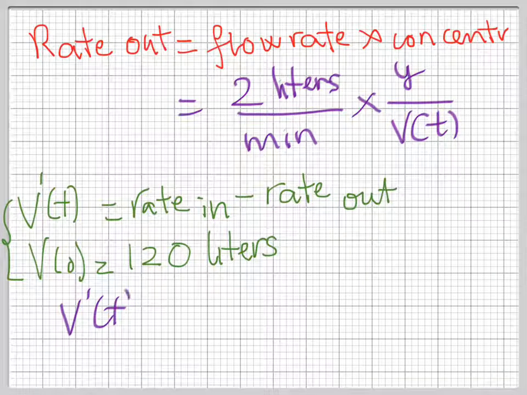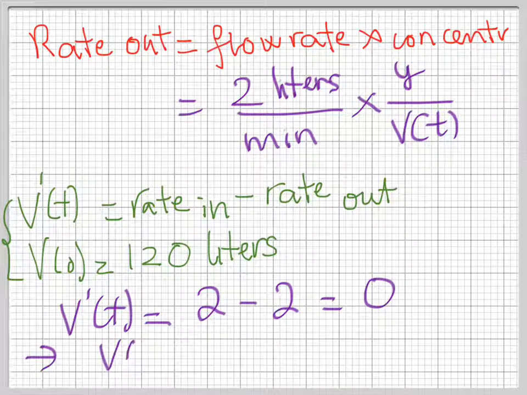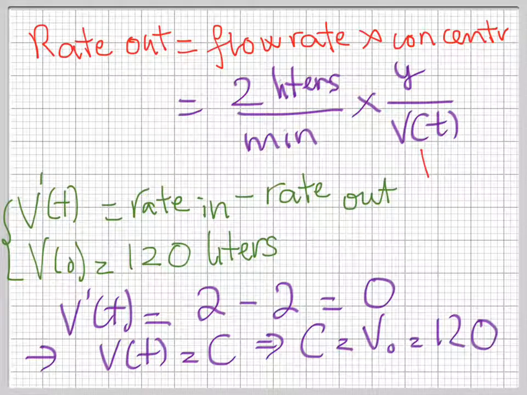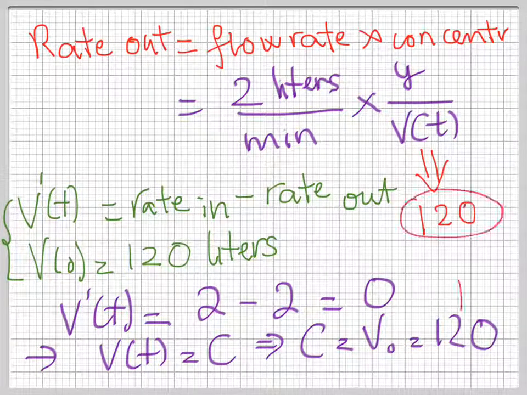Following this, we can find the rate of change of the volume, which is 0 because rate in equals rate out. Then plugging in the initial value, you can find C equals 120.